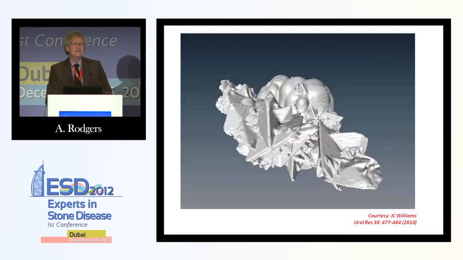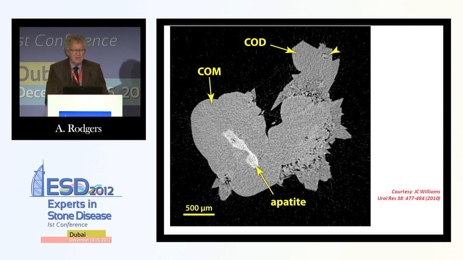Here, this is now from the research point of view. This is using a very powerful scanning technique. The video, I was warned it wasn't going to work. It actually allows you to rotate and view in 3 dimensions and also to look at the intimate structure of the stone.